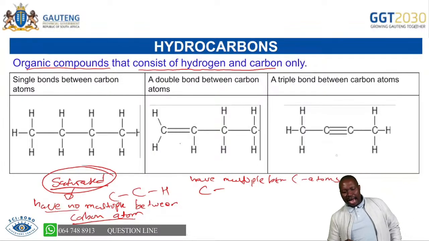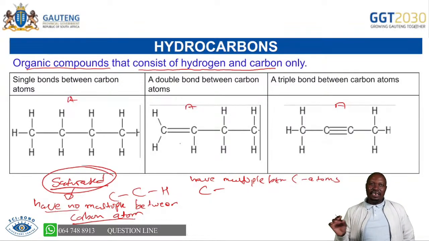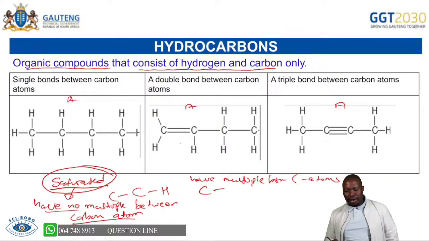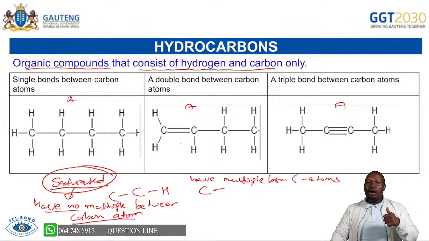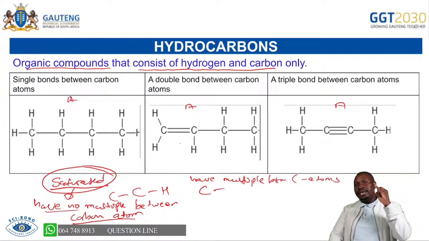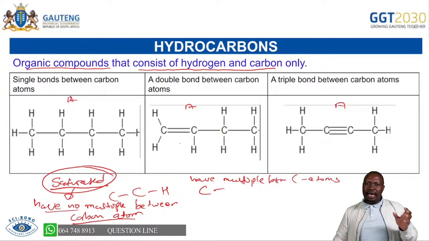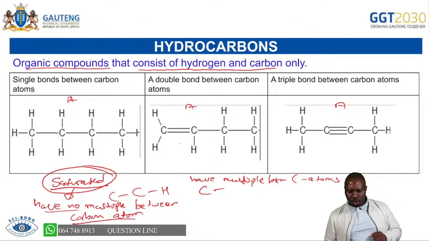So you must know that alkanes are saturated, and alkenes and alkynes are unsaturated because they have multiple bonds between carbon atoms. I'm happy because now we have defined homologous series. We said there are 9 homologous series, and these are organic molecules that can be described by the same general formula, where each member differs from the next by a CH2 group.